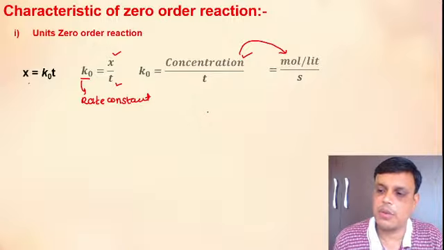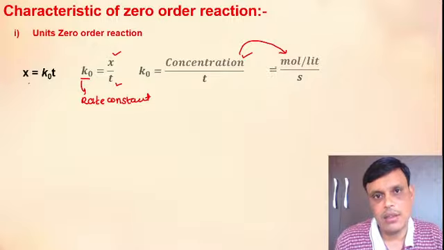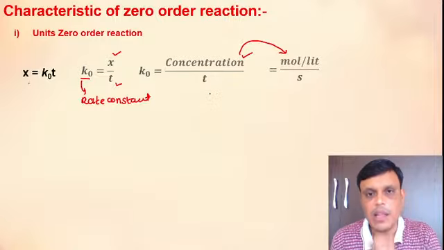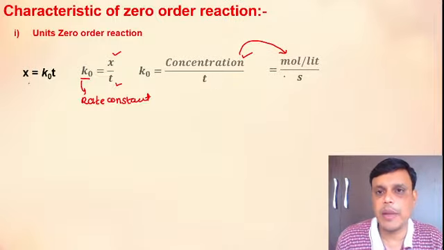Concentration of reactants and products are in molar, so the concentration term is moles per liter, and time in SI unit we represent in seconds. So the unit for zero order reaction is moles per liter per second.